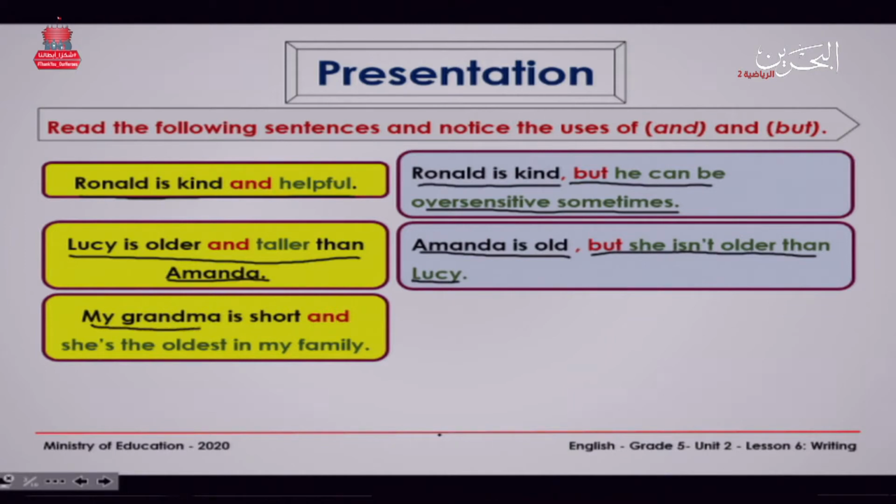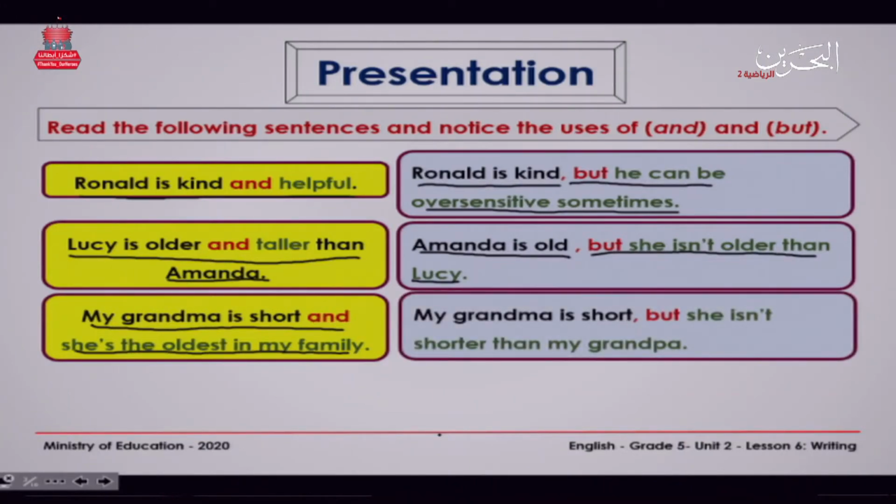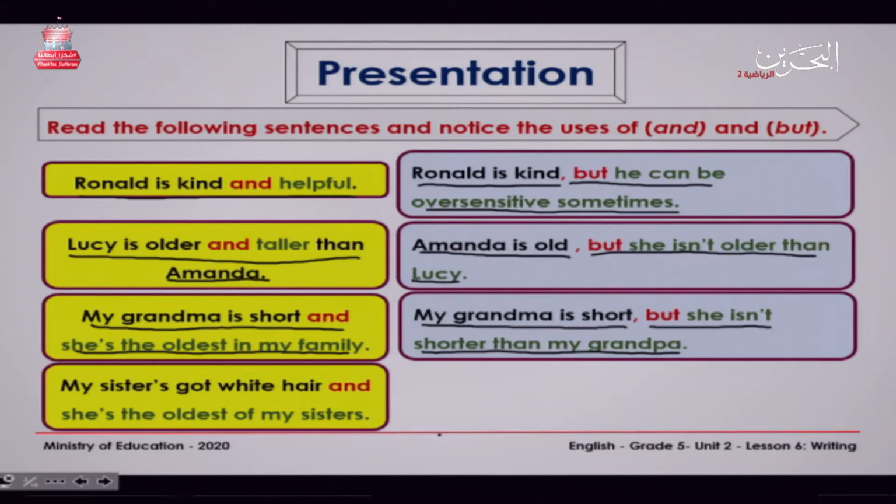My grandma is short and she's the oldest in my family. My grandma is short, but she isn't shorter than my grandpa. My sister's got white hair and she's the oldest of my sisters.